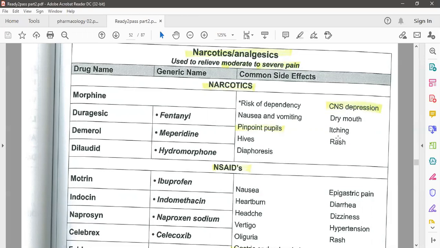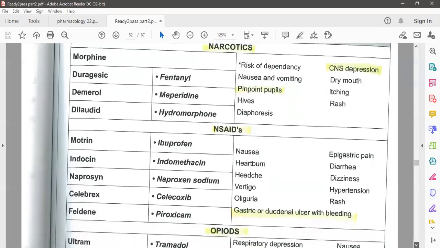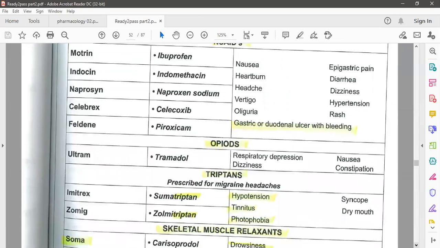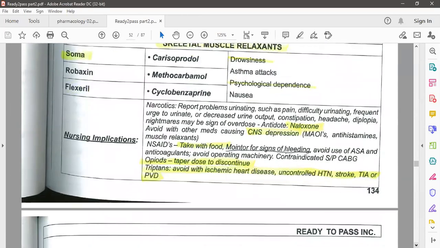Okay, so the key point we have to know about morphine, or the nursing intervention here: about narcotics, the board asks a question, if the narcotic is overdosed, what do we use?